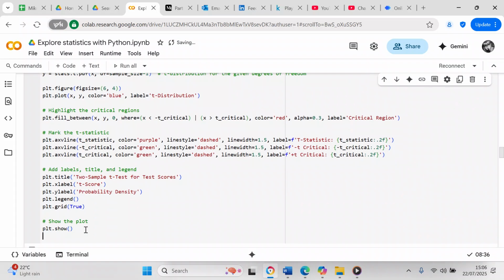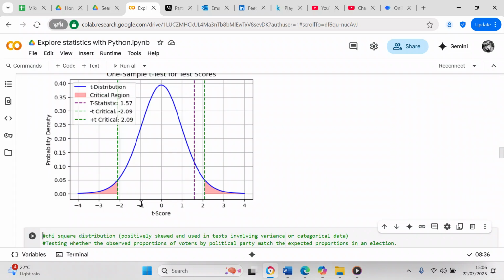Your X label is your t-score and your Y label is your probability density. I'll go ahead and leave one sample t-test here for the time being, even though it is a two-tailed t-test. And you get a legend and you get a grid, and we're going to show it.